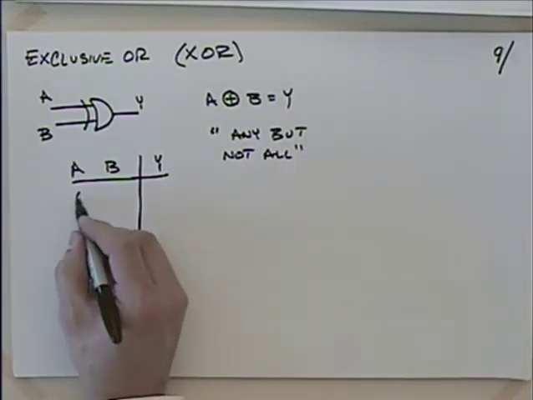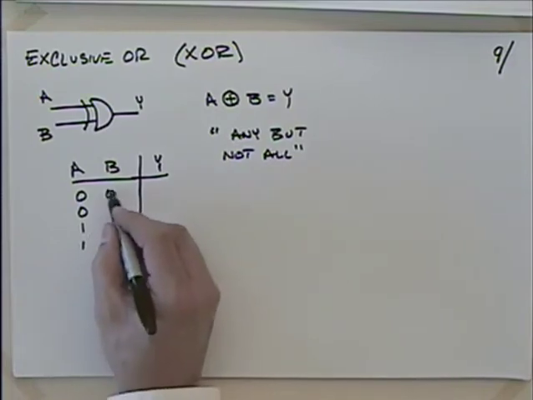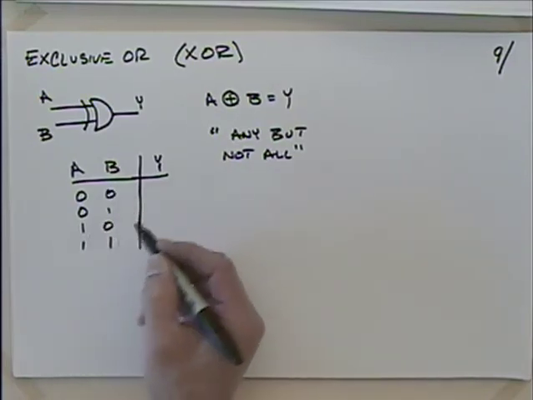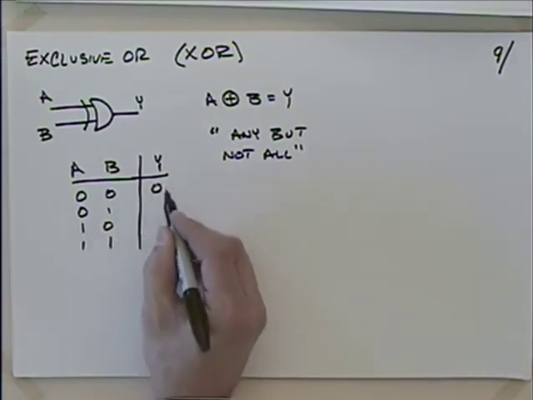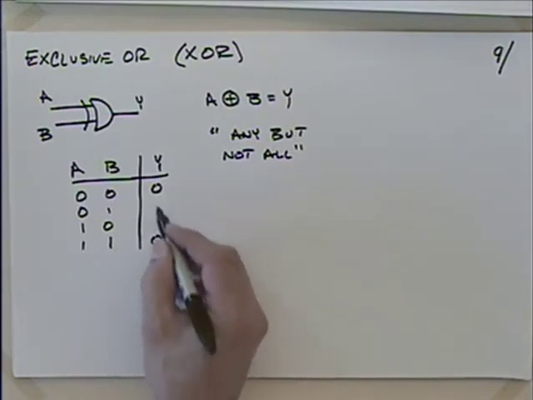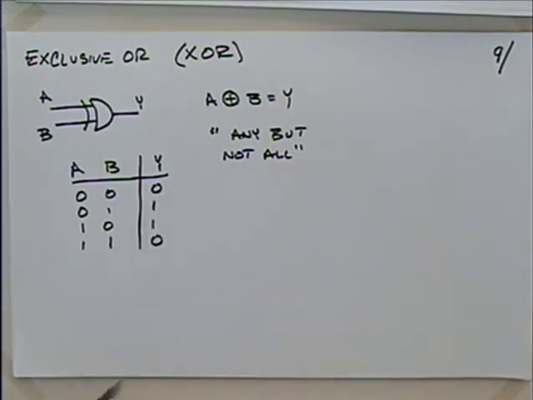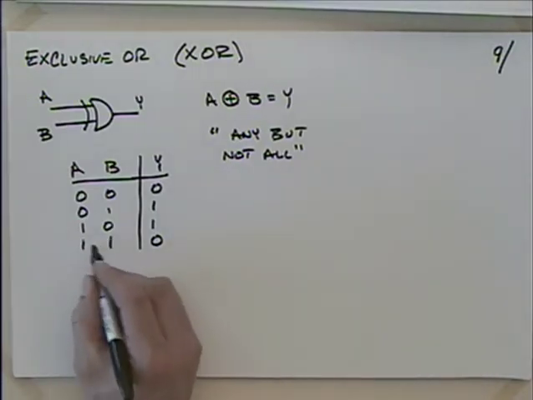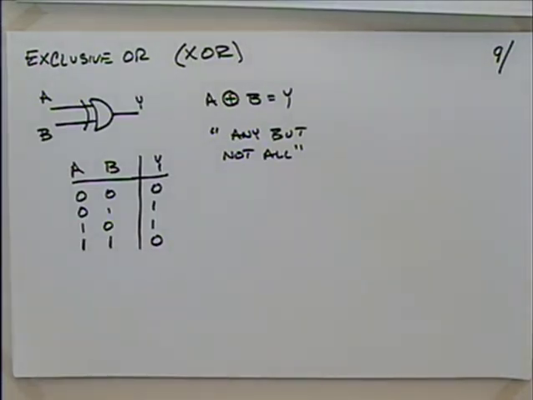Any but not all. So I'd have 0, 0, 1, 1, 0, 1, 0, 1. So I would have 0 and 0 and 1, 1. Looks a lot like an OR, but when I get down here and they're both 1s, that would fail the not all, right? Any but not all. So that's our exclusive OR.